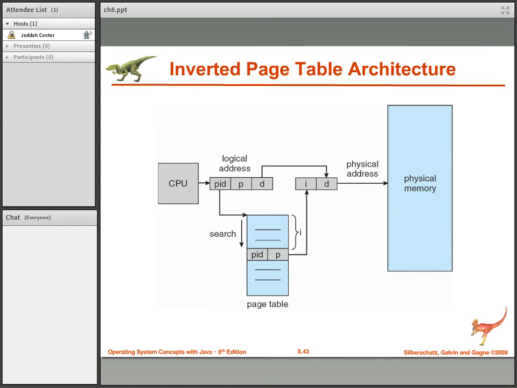What does it correspond to as P? This search is done in the page table. Then you go to the D and add it to the found I to give you the physical memory address.